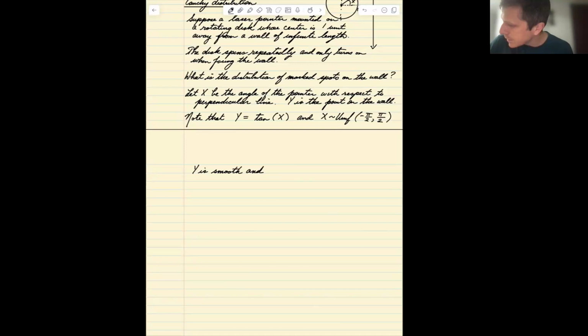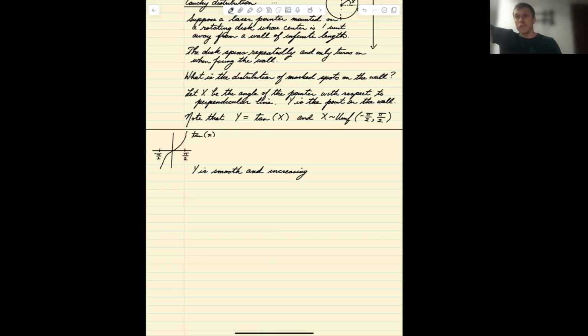The tangent function between minus pi over 2 and pi over 2 looks something like this. So this is tangent, and we see it goes off to infinity. So if you're at pi over 2, you're pointing pretty much straight out. But the wall's of infinite length, so theoretically you're hitting a point way out.